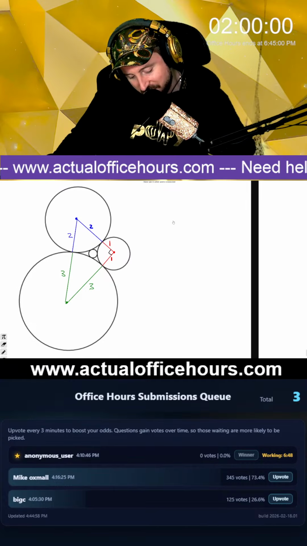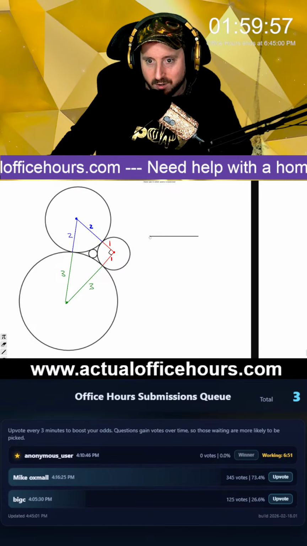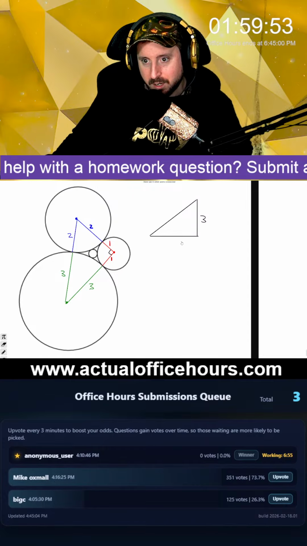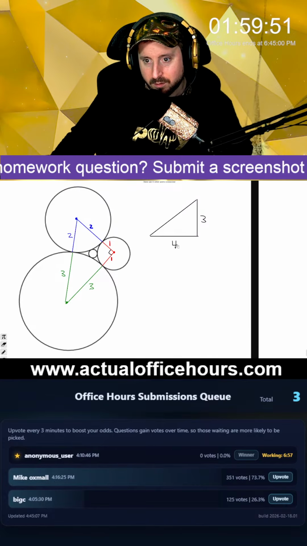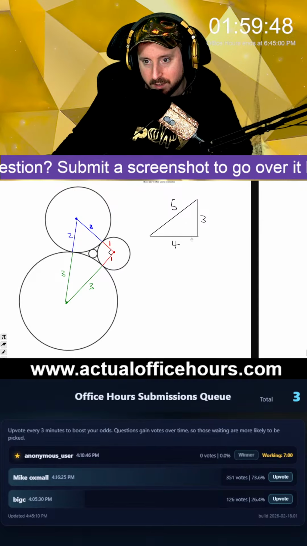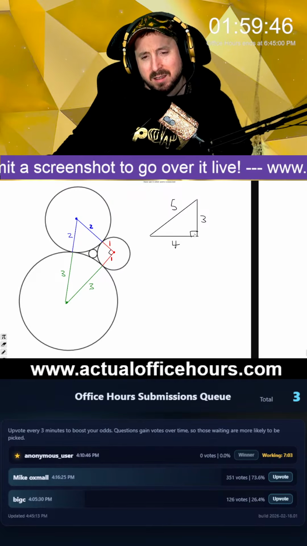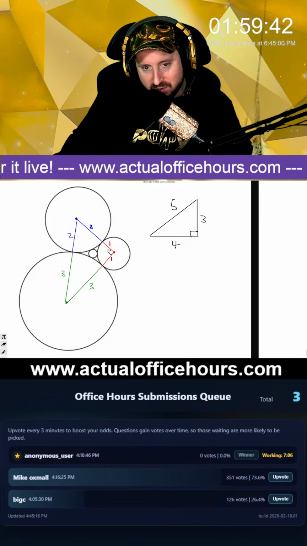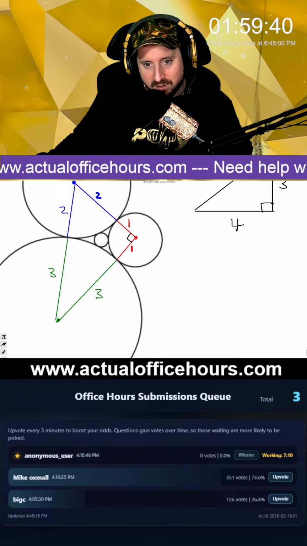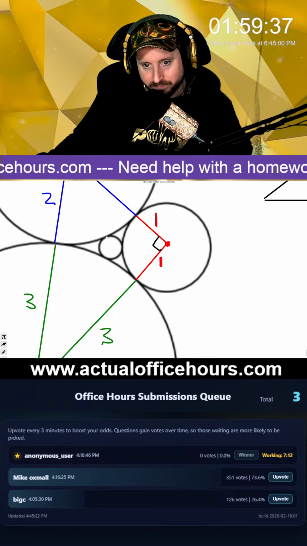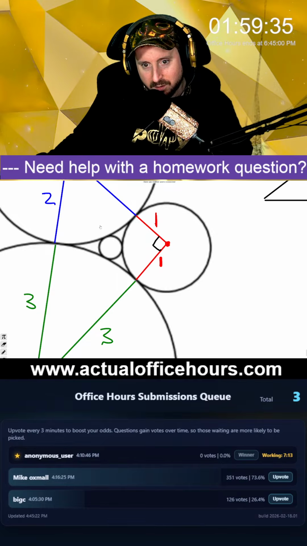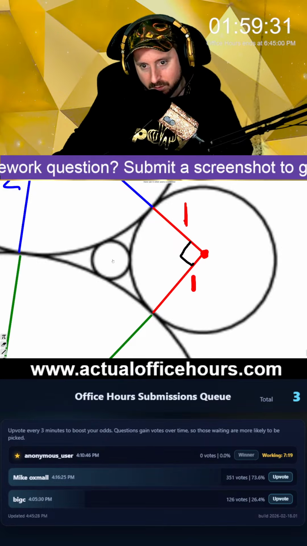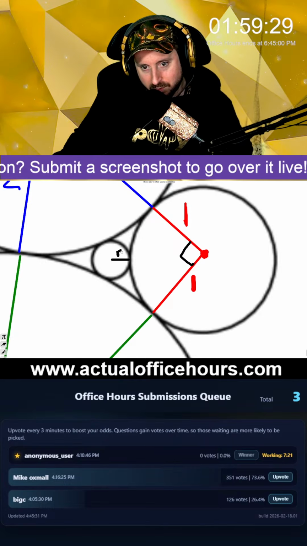Okay, so yeah, this is a 3, 4, 5. Very cool. Okay, 3, 4, 5. And then... Fascinating. This is in the center somewhere. Is this the circumcenter, though? Because what I'm trying to figure out is what R is.